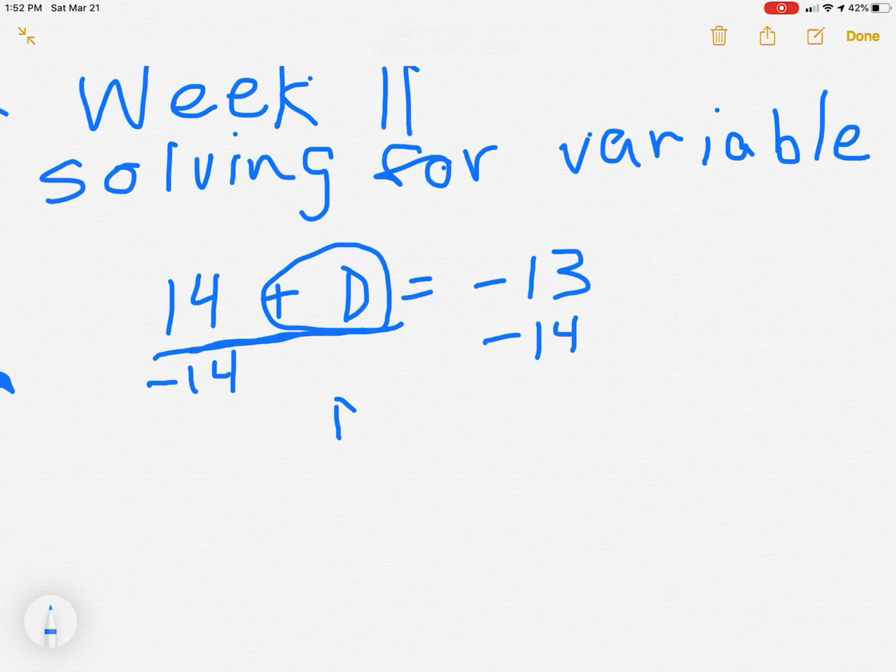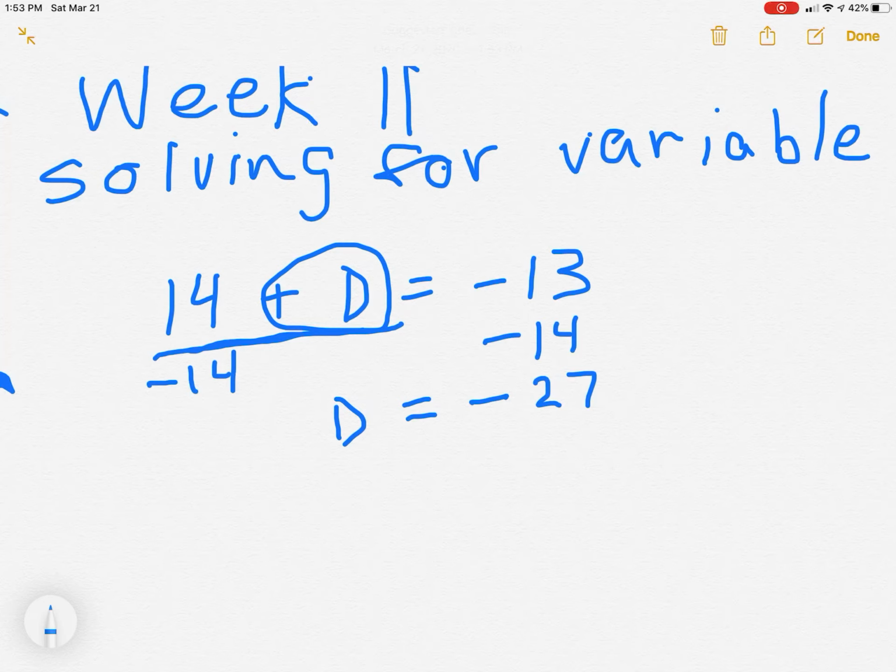So that leaves me d is equal to minus 13 minus 14. Remember, I'm just adding those, so it's a negative 27. Okay, we're simply adding them.